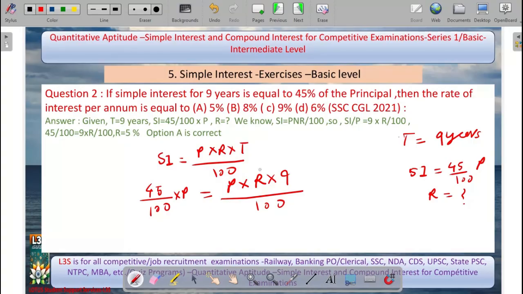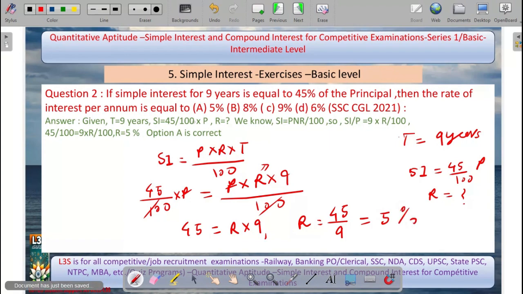Now we have to find out R. Now we can cancel P and 100 also. So 45 equal to R into 9. So R will be equal to 45 by 9 is equal to 5. So it will be 5%. So option A, 5%, is the correct answer here.